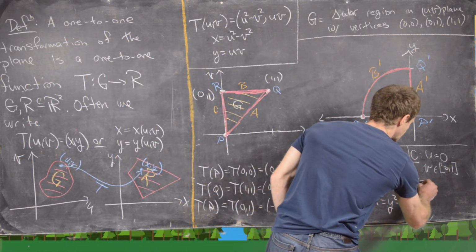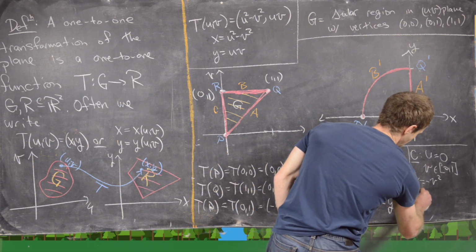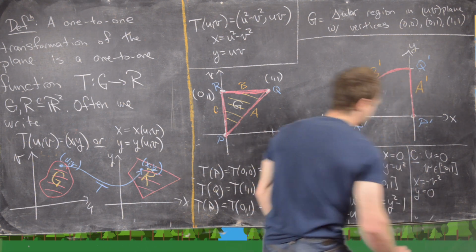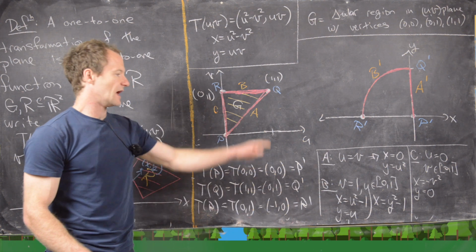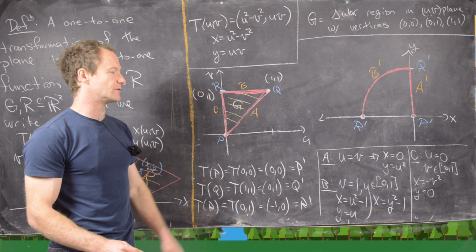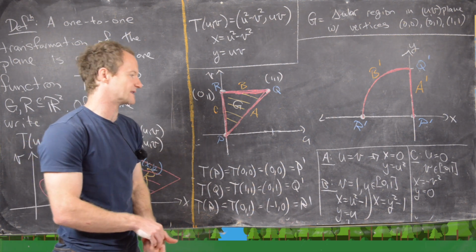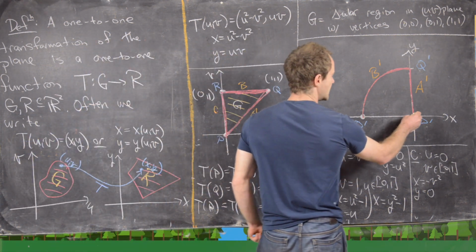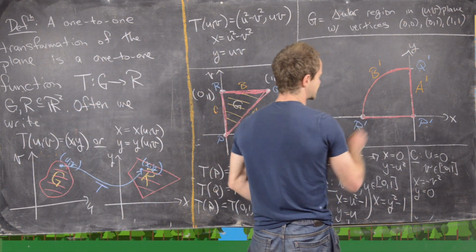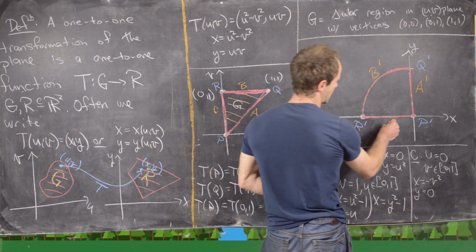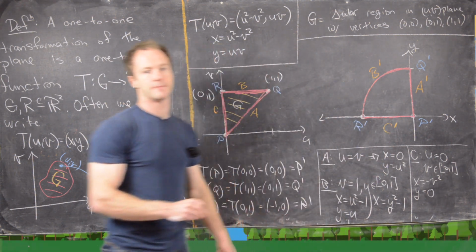So we get x equals negative v squared, and y is equal to 0. And then notice that x is going to be ranging between 0 and negative 1 in this case because we've got the minus sign out front. So that's going to close this loop up, and we can go ahead and call this thing C prime.